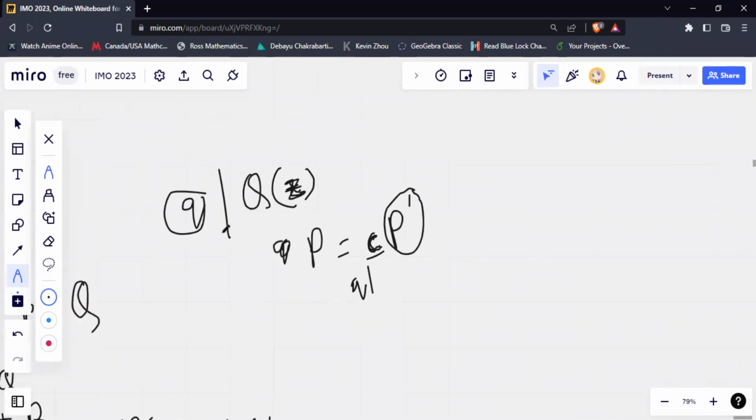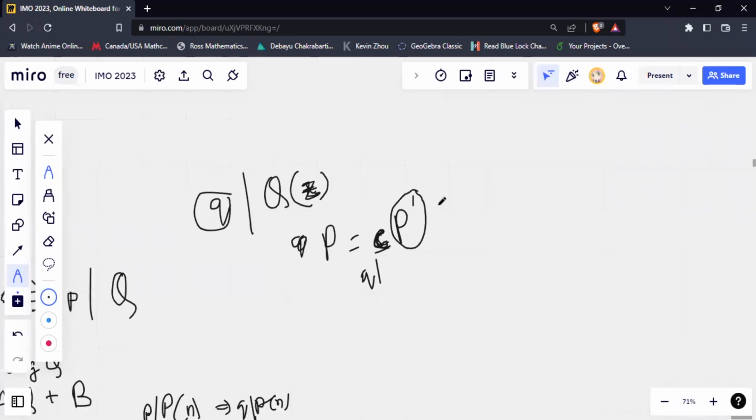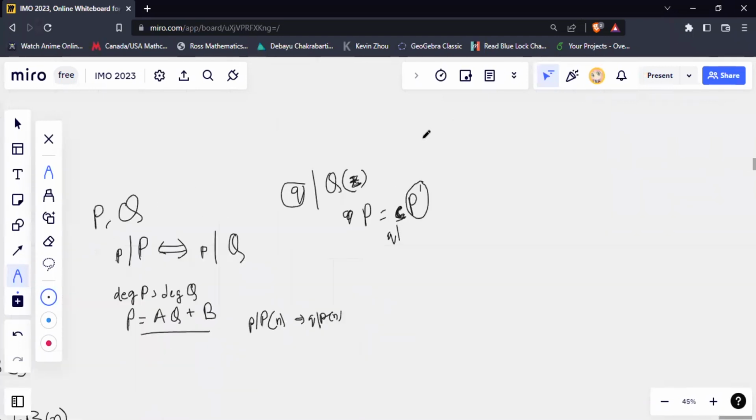Because if some large prime q divides this, and this is also large enough such that q divides c, well, then this actually contradicts our equal assumption, because we have never assumed it's equal, right? We were trying to prove it's equal, which is probably not true. Yeah.